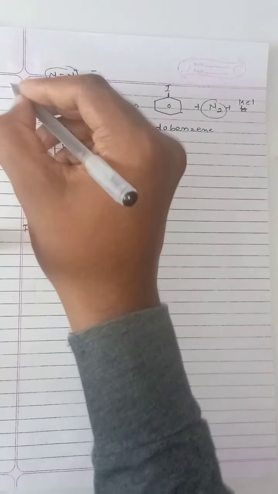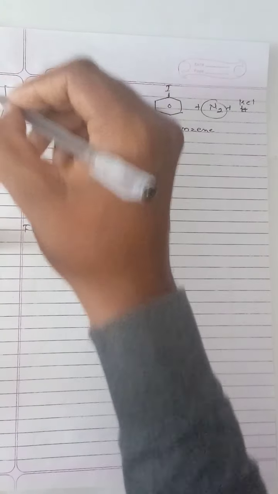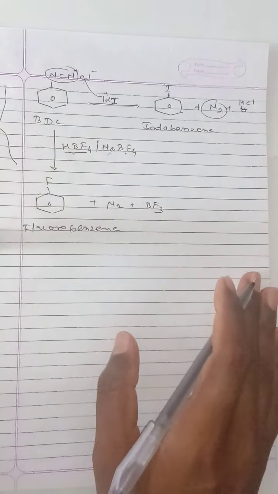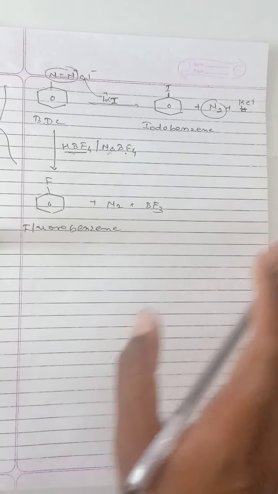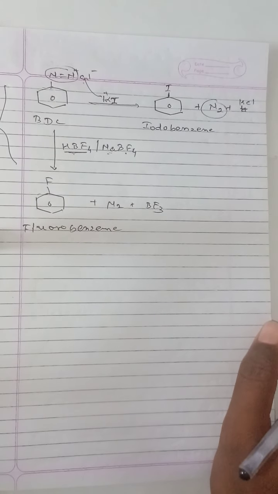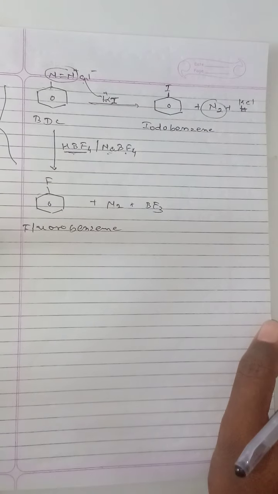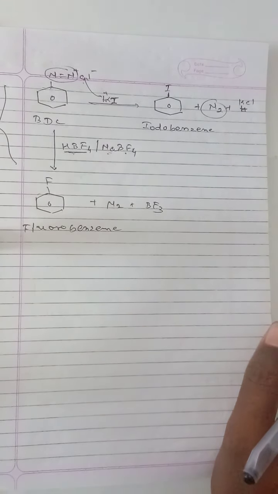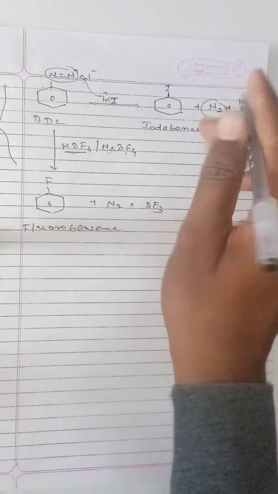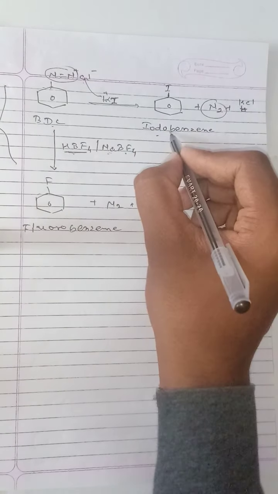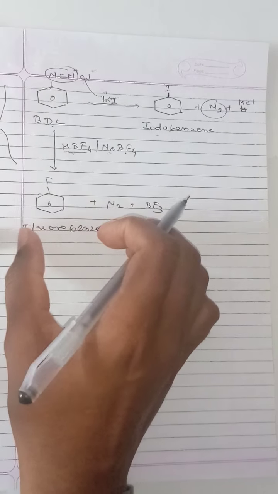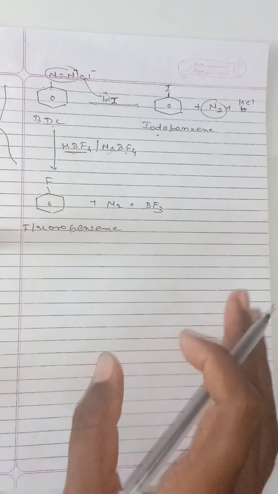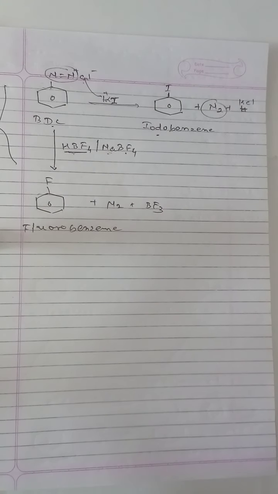So this is not the Sandmeyer reaction. One thing to keep in mind is that the reaction carried out with cuprous chloride and cuprous bromide, giving chlorobenzene and bromobenzene, is only the Sandmeyer reaction. From BDC to iodobenzene or from BDC to fluorobenzene, this is not the Sandmeyer reaction. Okay friends, this is very important.